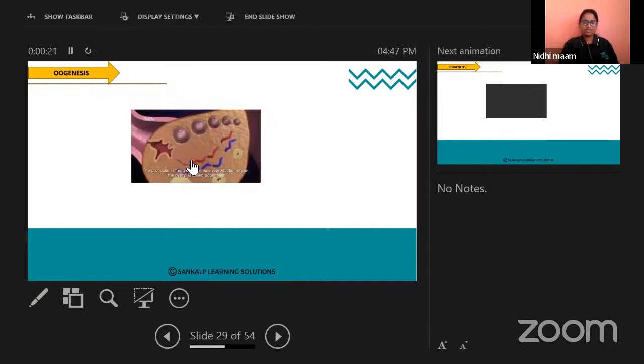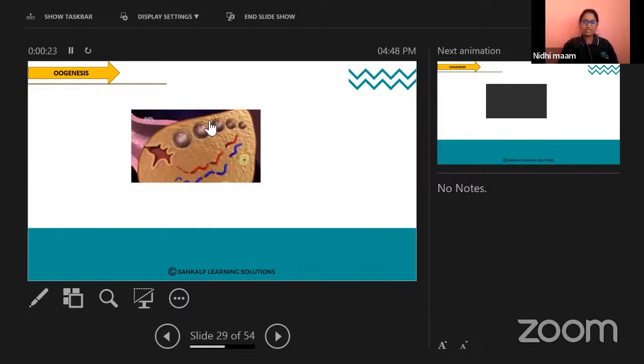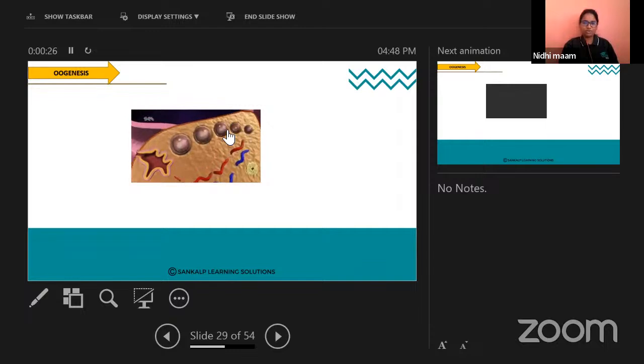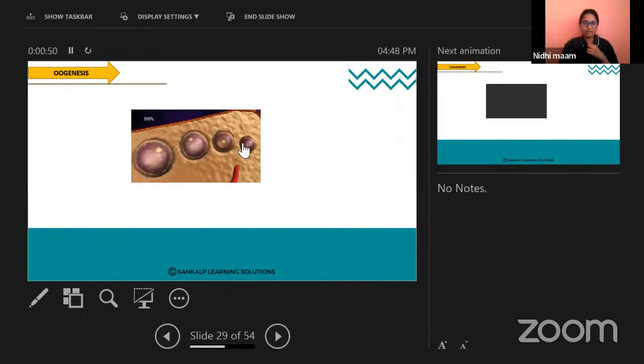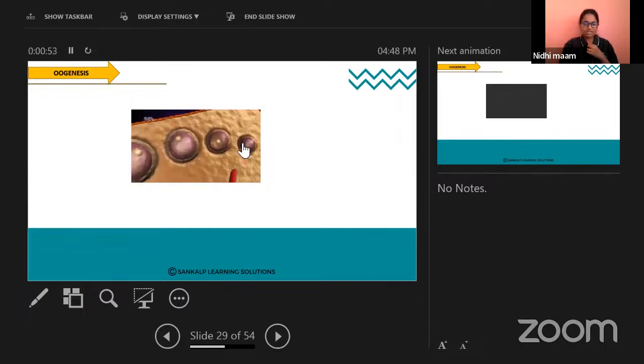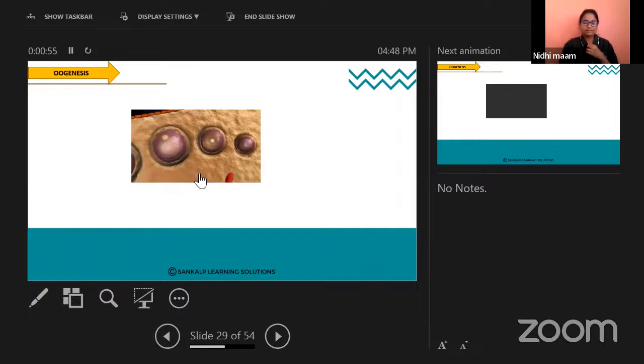In the ovary, Graafian follicles below. You can see all the primordial cells, the premature cells. These are all follicles, developing follicles. In that, this is the primary oocyte. This primary oocyte will undergo the first meiotic division. This is a primordial cell, oogonia, which will undergo mitosis and produce primary oocyte.